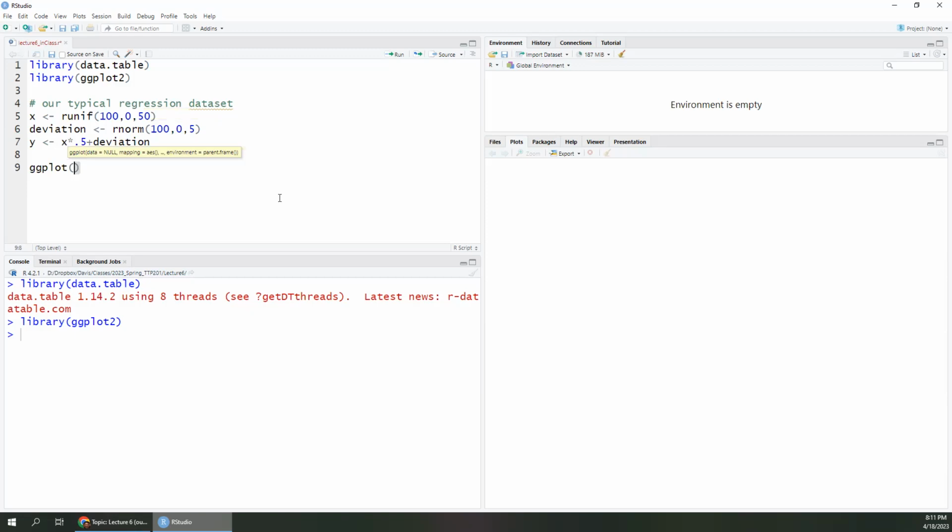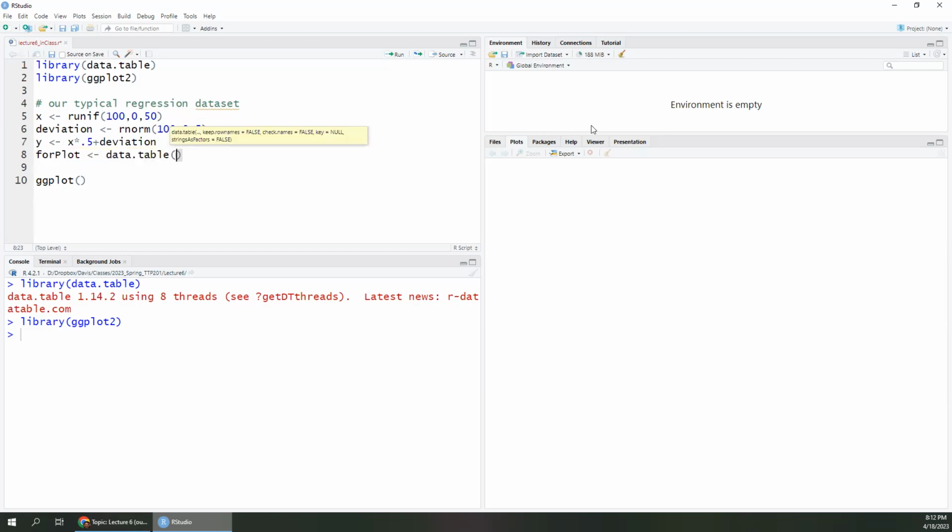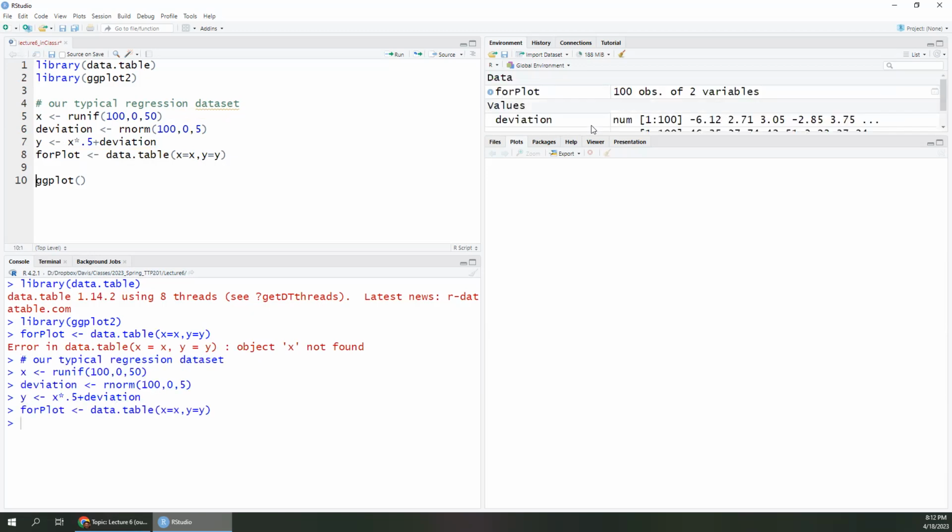And we do know what this looks like, right? Let me make that table really quickly, so x equals x, y equals y. And here, data equals for plots, and I will choose in my aesthetics what to assign on my x-axis and y-axis, and this is going to be a dot plot.